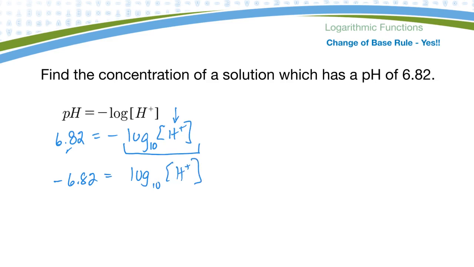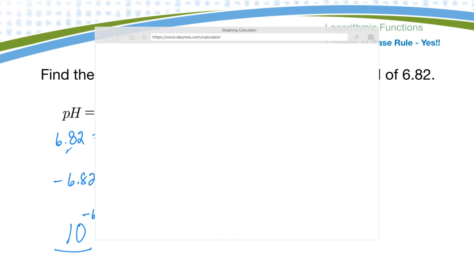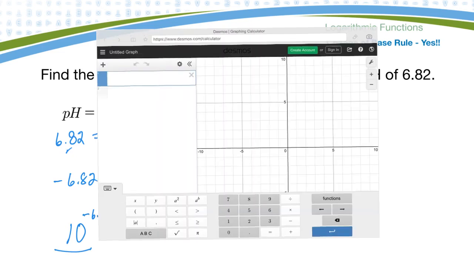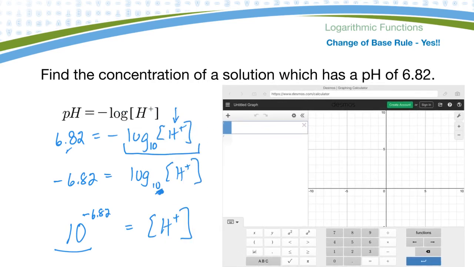Now change this from log form to exponential form. Remember that we focus on the base, so there's our base. So base 10 to the negative 6.82 is equal to the hydrogen ion concentration. There we go. Now I just have to put this into my calculator and see what I come up with. Let's try our old decimals again. You can tell I quite like decimals these days.